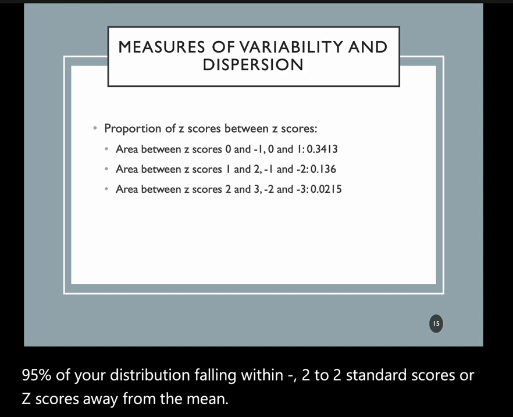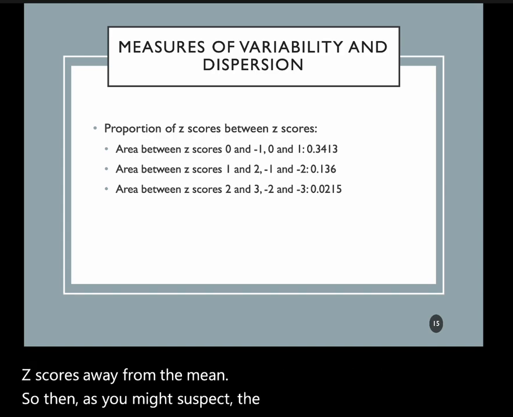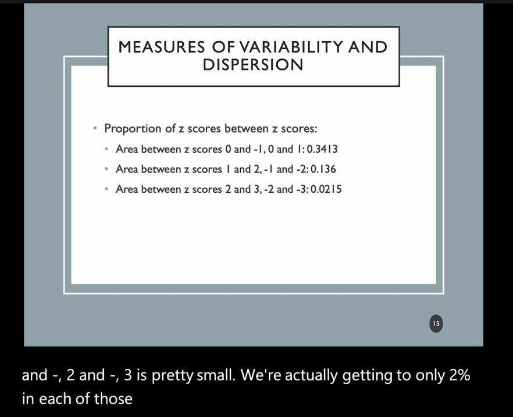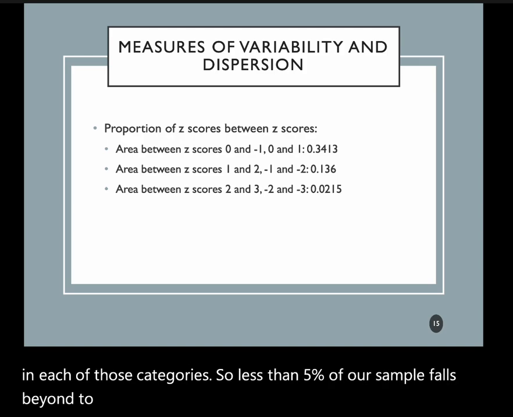So then, as you might suspect, the z-scores between 2 and 3 and -2 and -3 is pretty small. We're actually getting to only 2% in each of those categories. So less than 5% of our sample falls beyond 2 standard scores away from our mean.